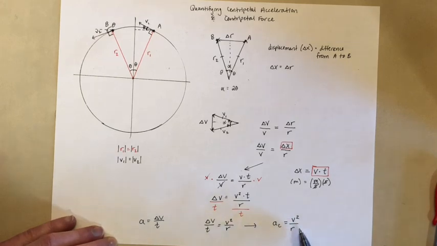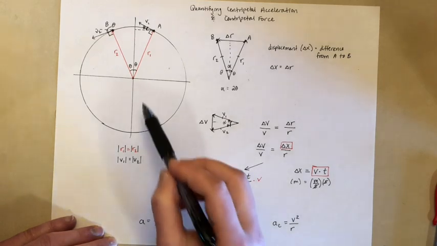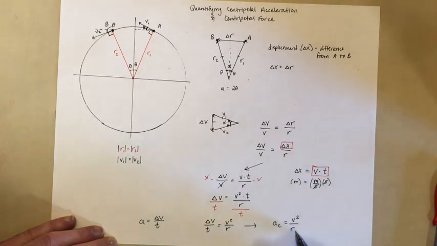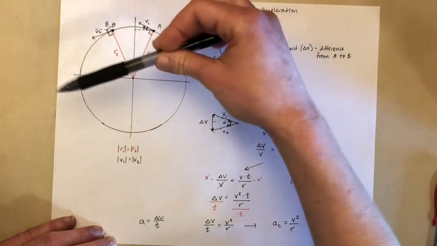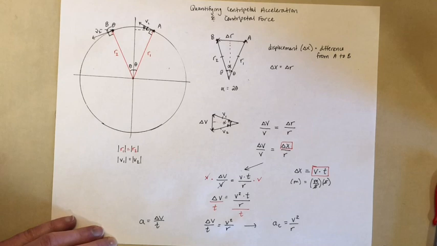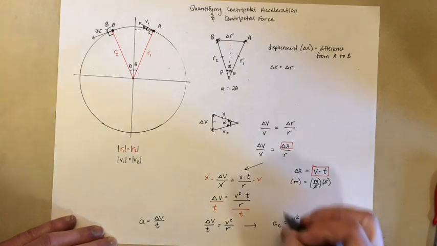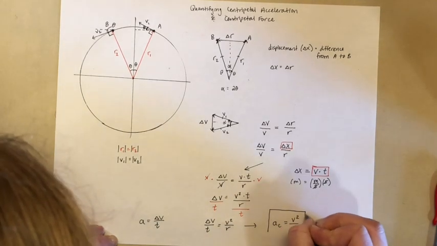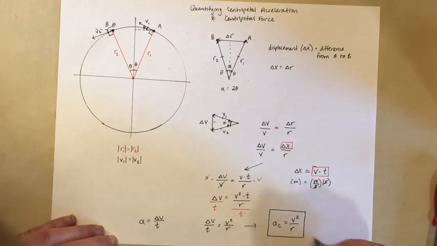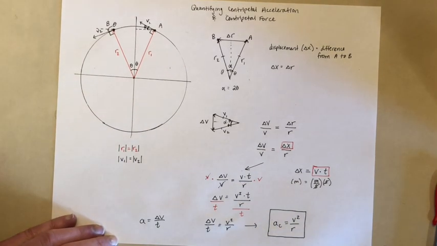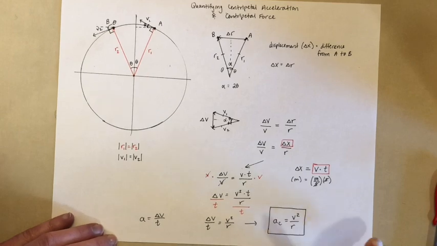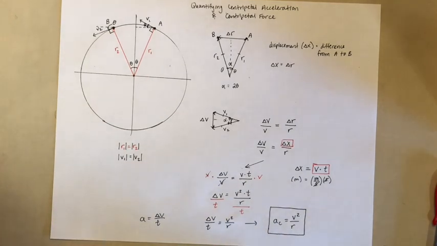And then the other thing that affects it is the radius, which is how tight the turn is. So if you have a really small radius, you're dividing by a small number, that makes your acceleration really large. Or if you make that radius larger, if you take a wider turn, then you don't have to accelerate as much as you're turning. So this is actually a new equation for us about how we can quantify the centripetal acceleration that an object experiences as it's turning.